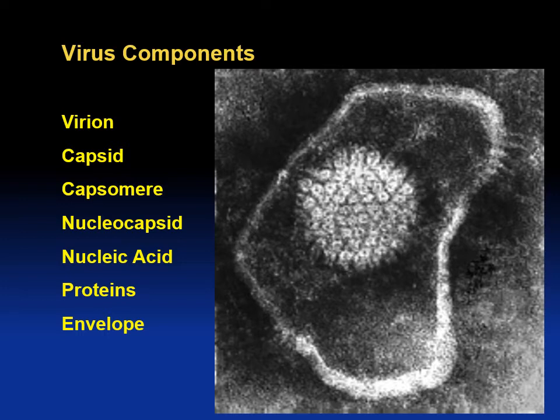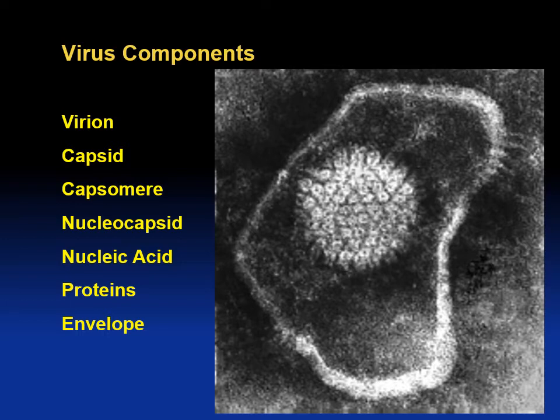Now, inside the virion, usually there is what we call the capsid. And the capsid, as you can see here, is a spherical or circular component. And if you look carefully, you will see that this capsid is made of tiny units, which we refer to as capsomeres. So capsomeres, in total, form the capsid.